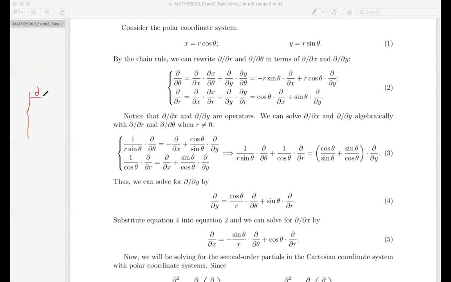So we have partial rho, partial theta, and partial phi. And the variables here are partial x, partial y, and partial z. And now you just solve for partial x, partial y, and partial z using these partials.